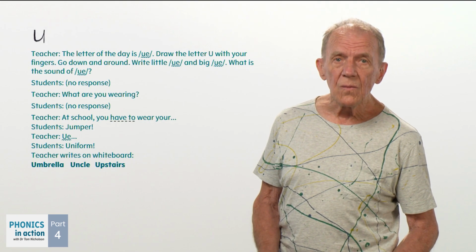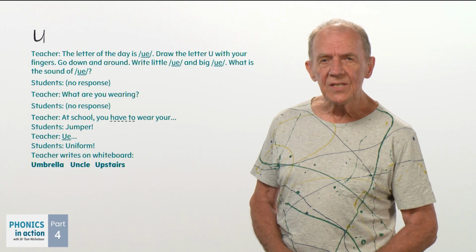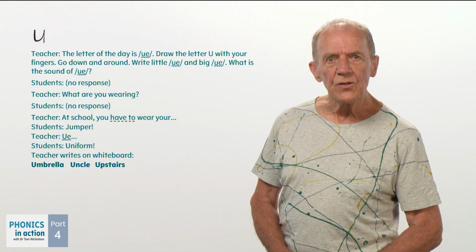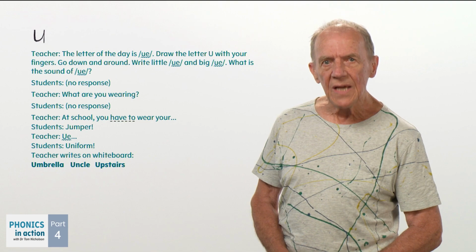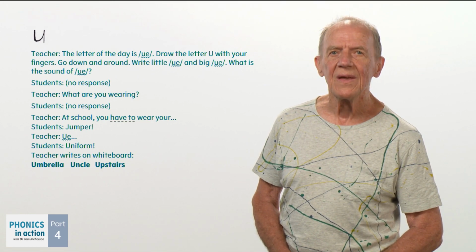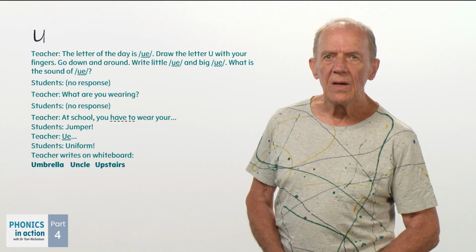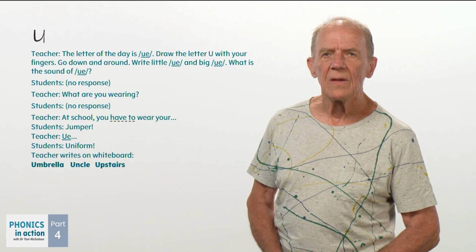In one class I watched, the letter sound of the day was U. The dialogue went like this. The teacher says, "The letter today is U. Draw the letter U with your fingers. Go down and around. Write little u and big U. What is the sound of U?"